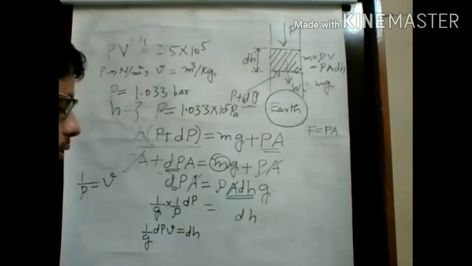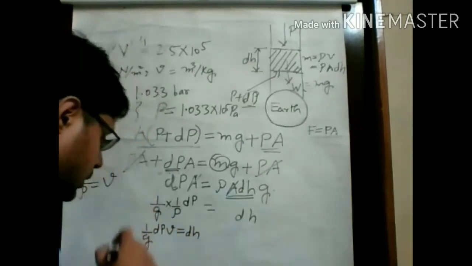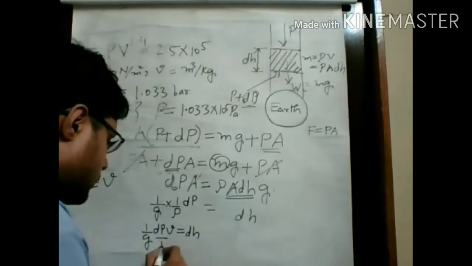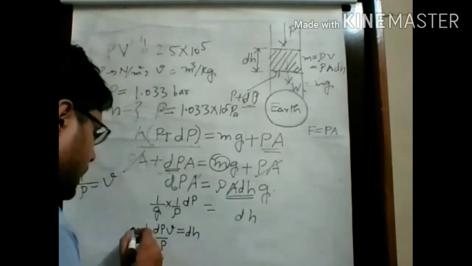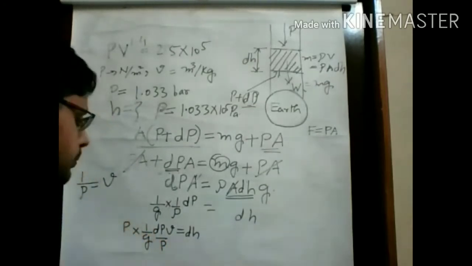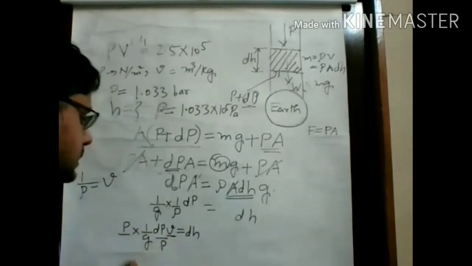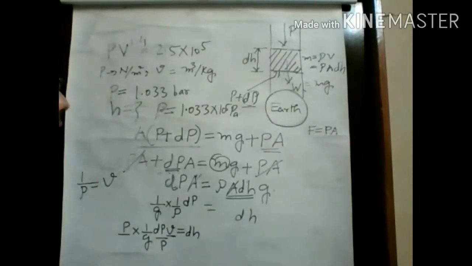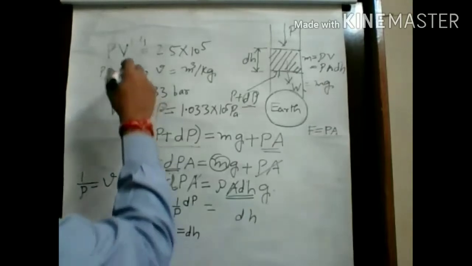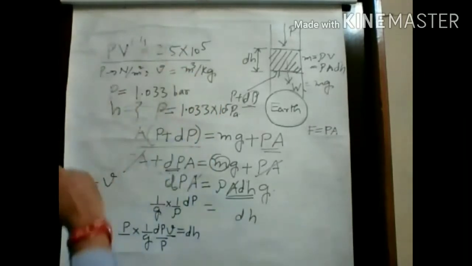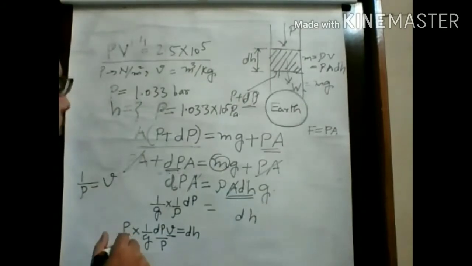Okay, now if we divide with pressure P and multiply with pressure P, then consider this term P multiplied by V. In the problem we get PV to the power 1.4 equals 2.5 into 10 to the power 5.